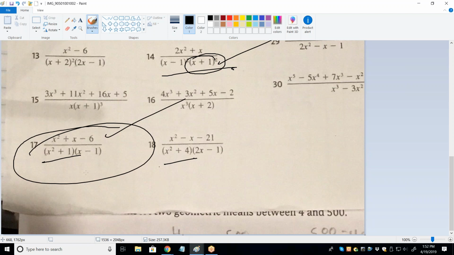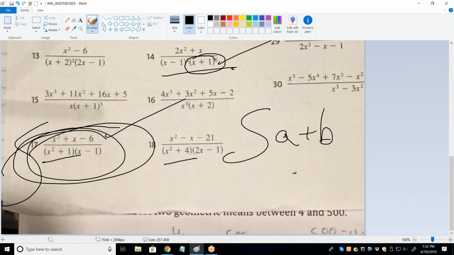It's only when you're trying to take the integral of something. When I'm trying to integrate it, I cannot integrate what I'm looking at. But if I can split it up into these partial fractions, you can integrate it. In other words, it's easy to integrate this. It's really hard to integrate this.